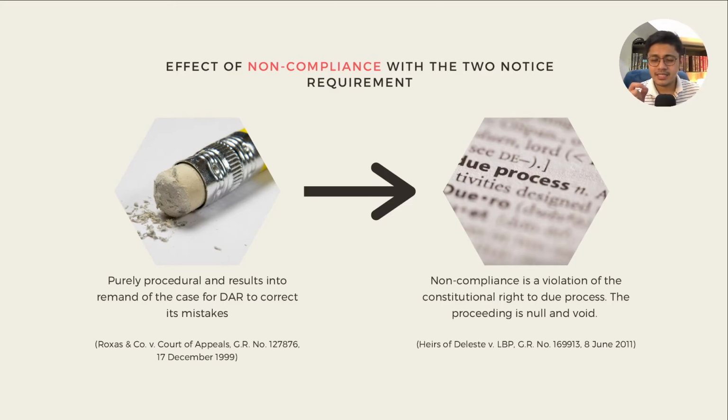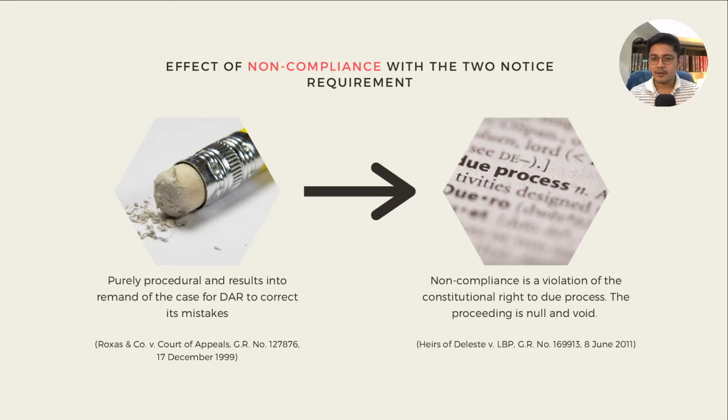All right, it's not just procedural because the two notice requirement are put in place in order to afford the affected landowner with due process of law. All right, it's due process of law because now you have an administrative rule or administrative process that must be adhered to, must be followed.